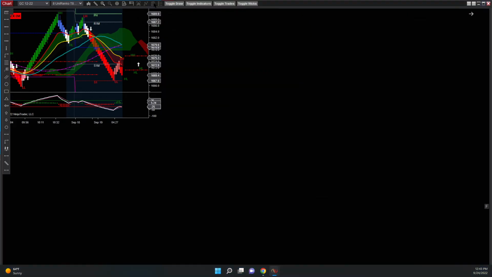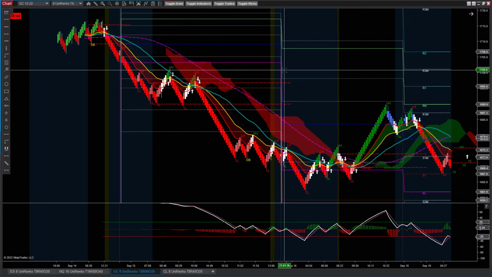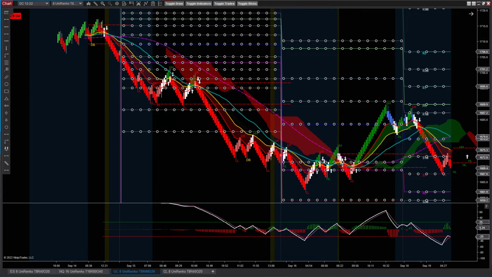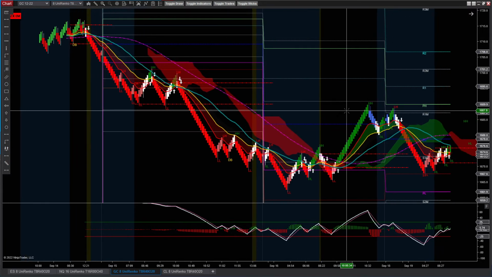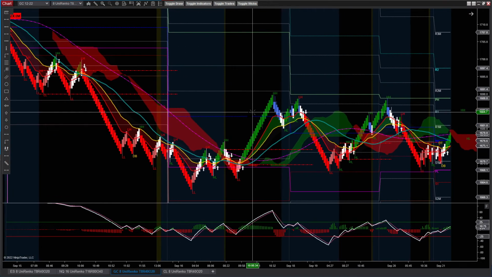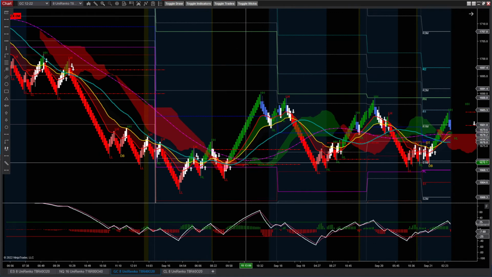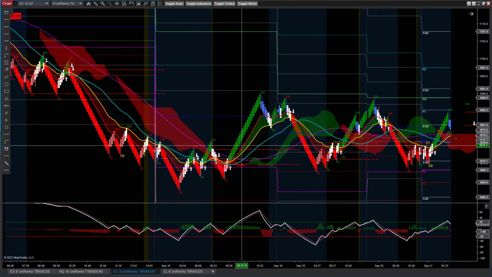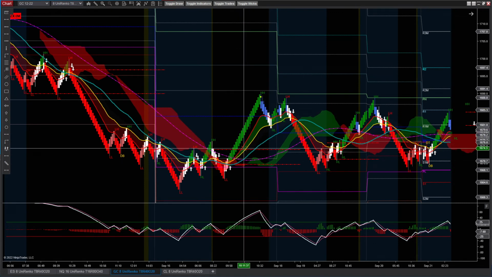Okay, so I'm going to expand this. This one is probably better. I don't know if I analyzed this one already, but here you have a move to the upside, so everything is stuck to the green side. You would see that this stacker is green.